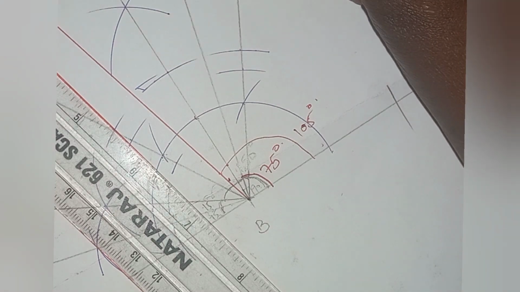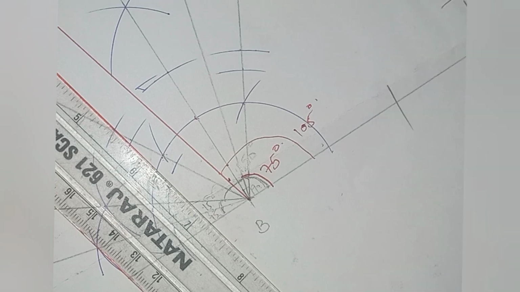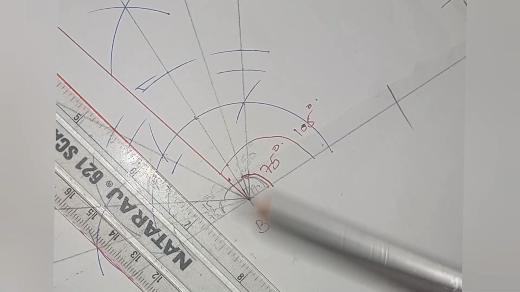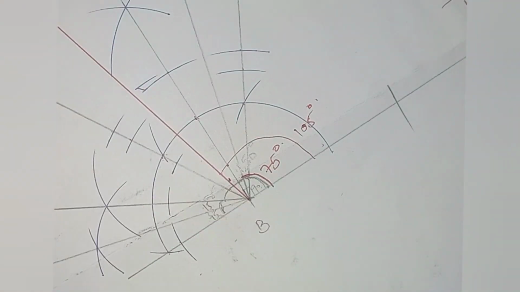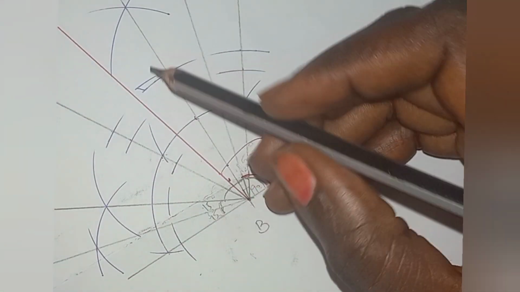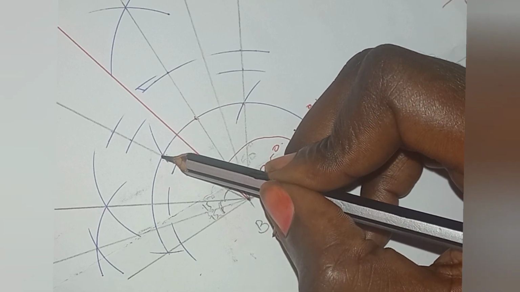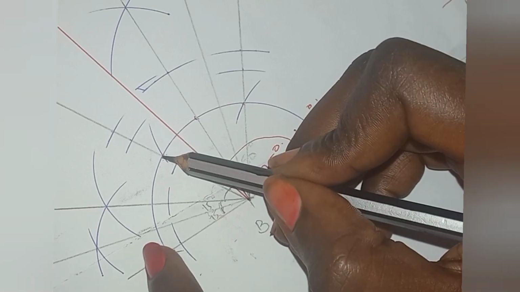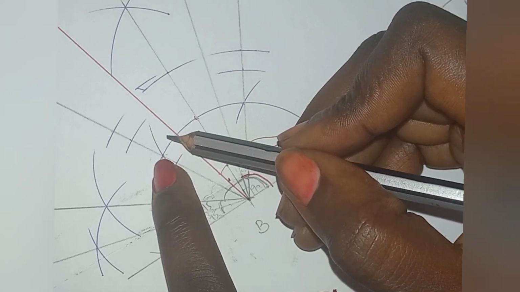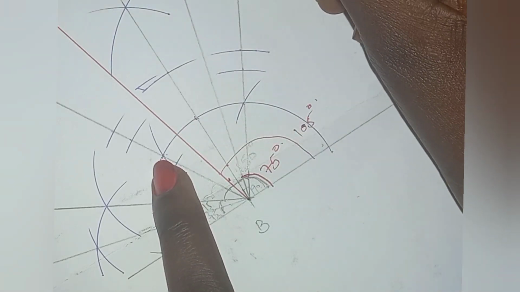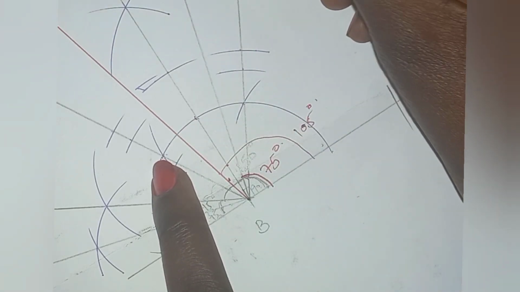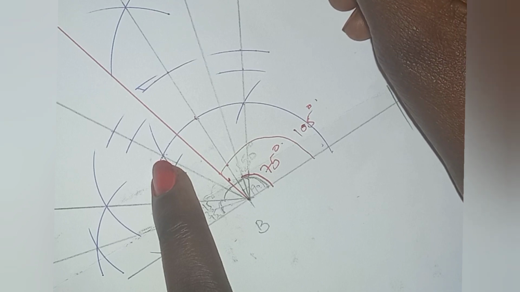135 degrees. We just need to locate where that angle is supposed to lie. 135 is greater than 120 degrees, and that 120 degrees is here. Let's see how many degrees you are supposed to add. Here will be 15.